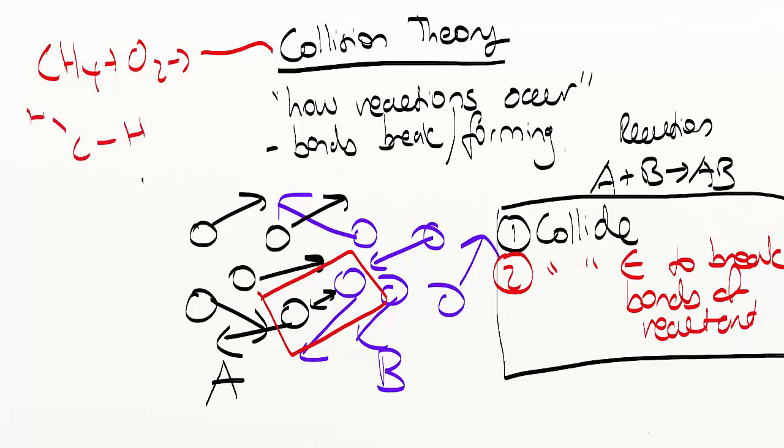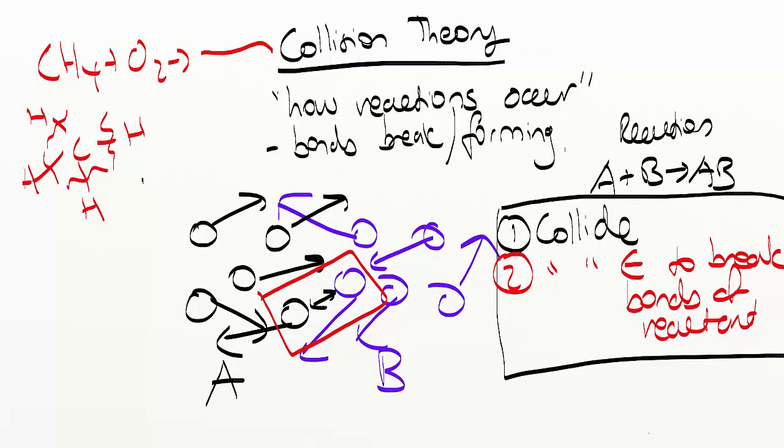It's got carbon bonded to 4 hydrogens. Collision theory would state that if I had a methane molecule that reacted, it would have to hit the oxygen with enough energy to sever these carbon-hydrogen bonds next to them. Same idea here: the bonds within A and the bonds within B would have to be severed and broken for a reaction to occur.